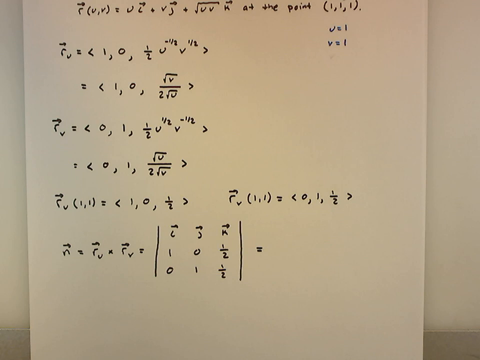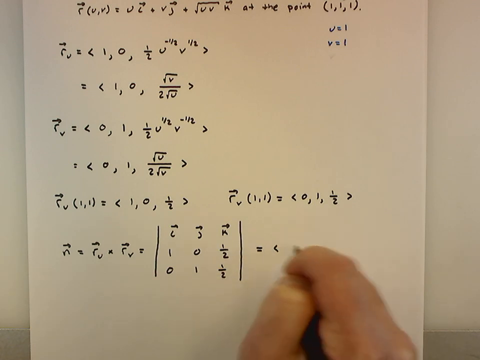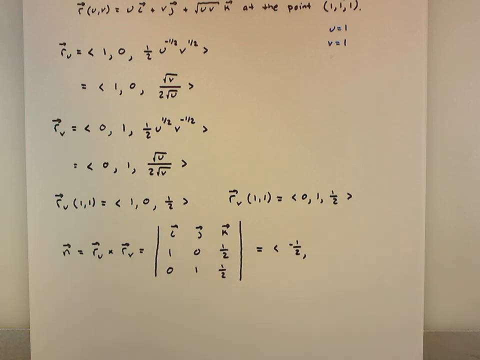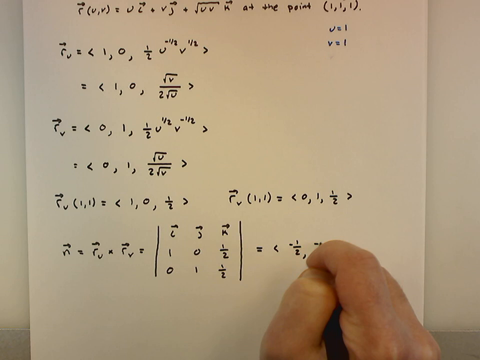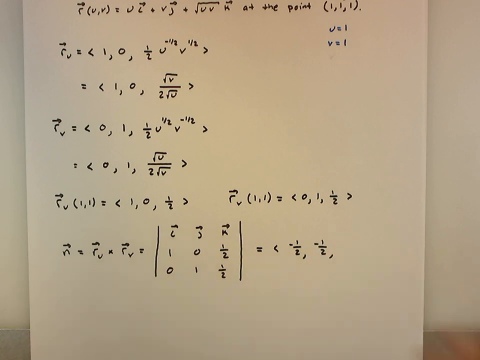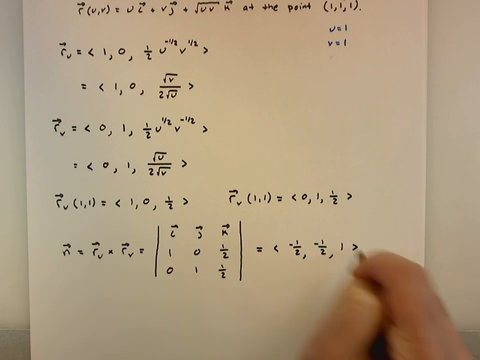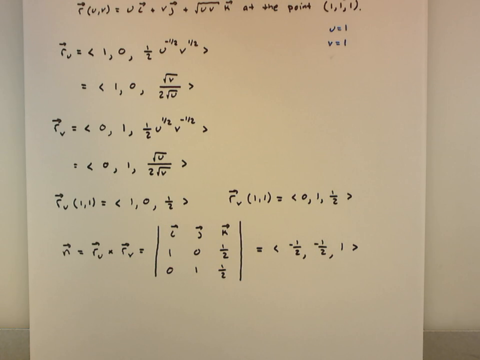Which is equal to negative 1/2, negative 1/2, 1. Just to clear fractions, I'm going to take this normal vector and multiply it by a factor of negative 2 so I won't have fractions.